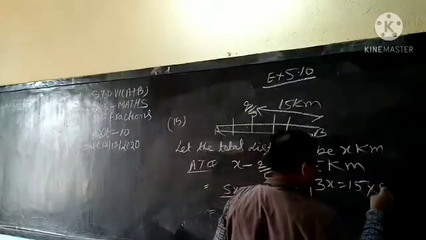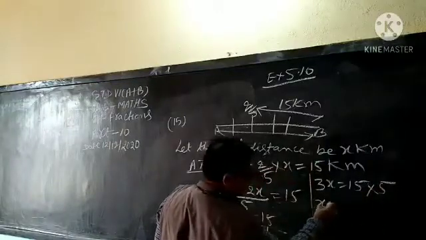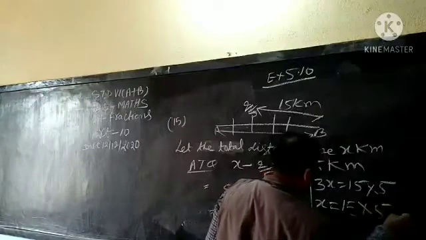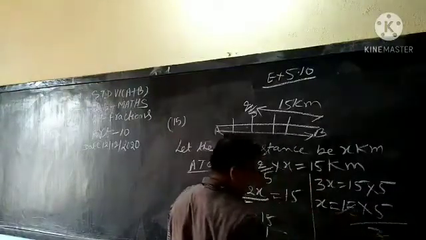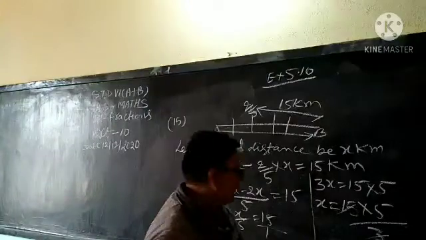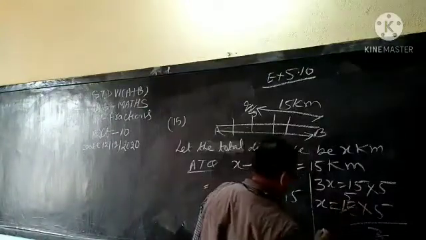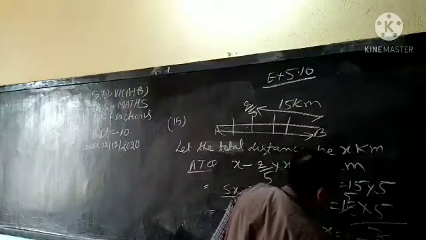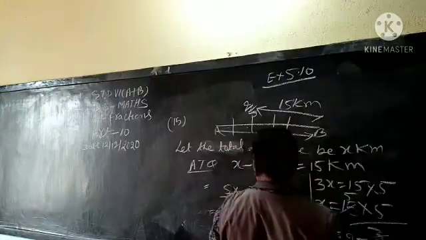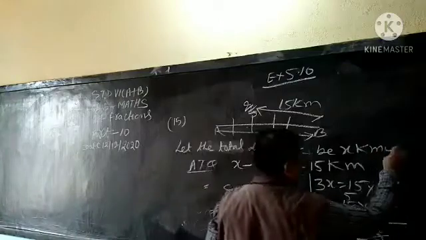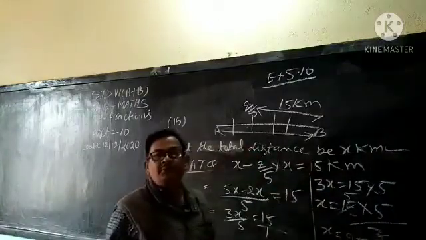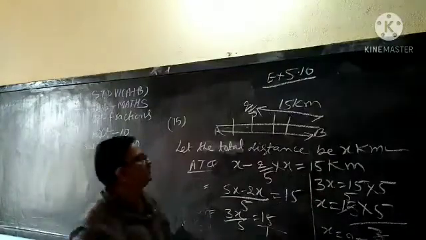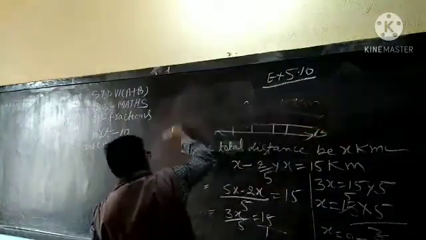So x is equal to what will you write? 15 into 5 by 3. 15 you will divide with 3, 5. So x is equal to 25. What is the unit? You will get the distance. X is equal to 25 kilometers. Is it clear? Understood?